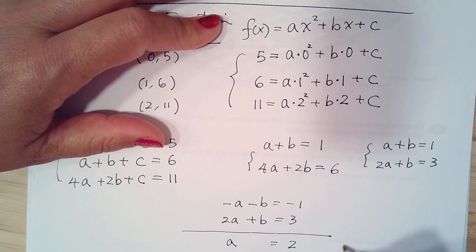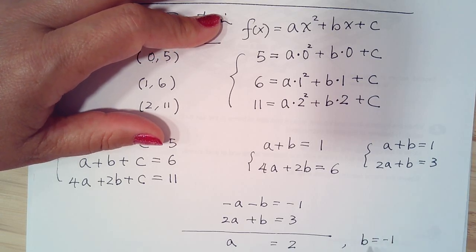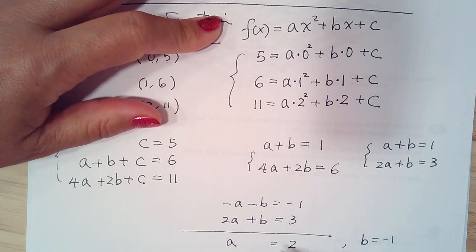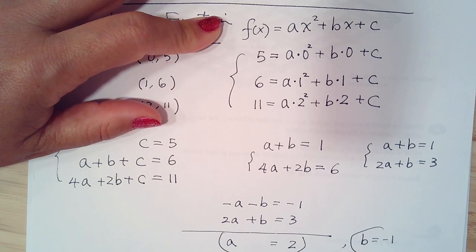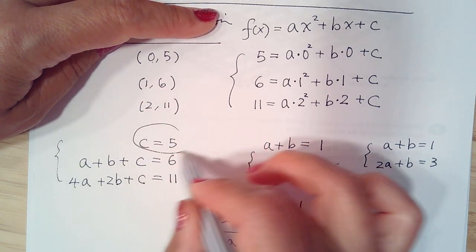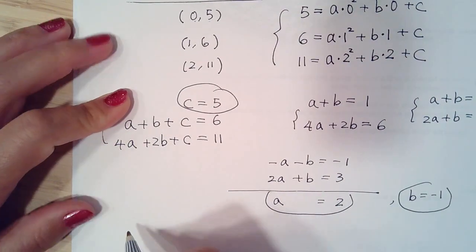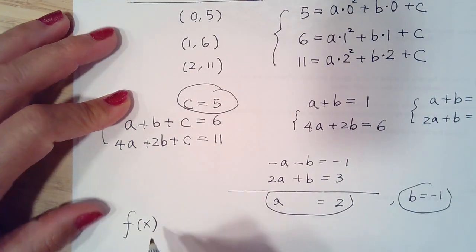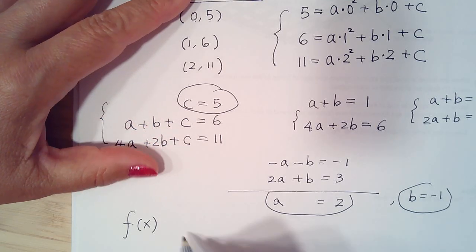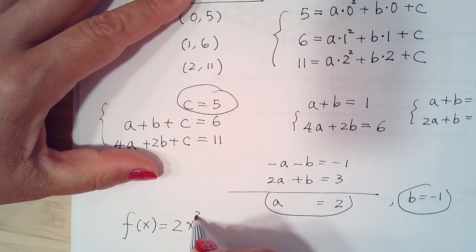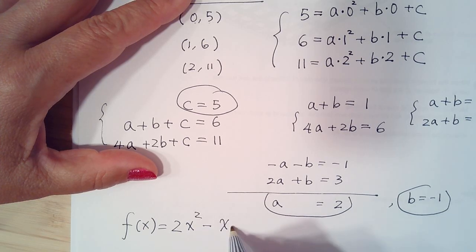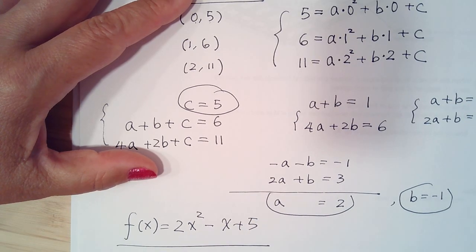When a is 2, my b has to be -1, right? 2 plus -1. So I got an a, I got a b, and I already have c. Now, can you tell me what that quadratic function is? That f of x, remember, is ax squared, so that would be 2x squared plus bx, which is minus 1x, and then plus 5. That's my answer.